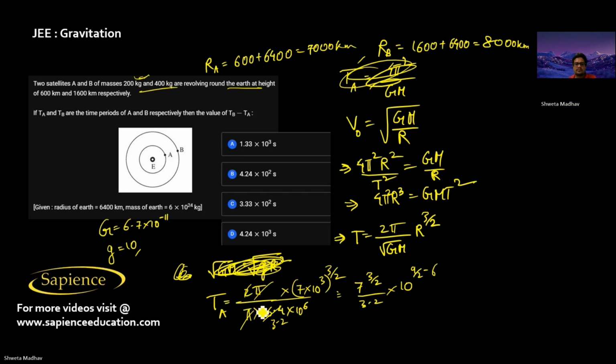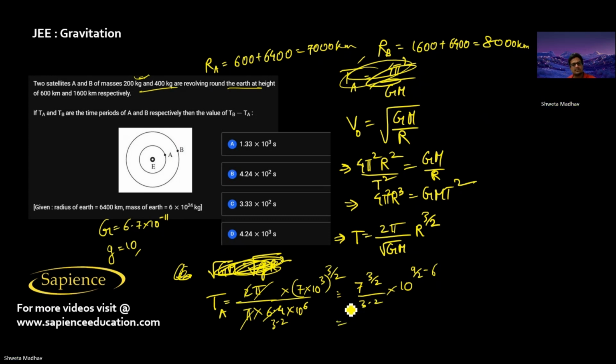So this is 7 power 3 by 2 by 3.2 into 10 power 9 by 2 minus 6.